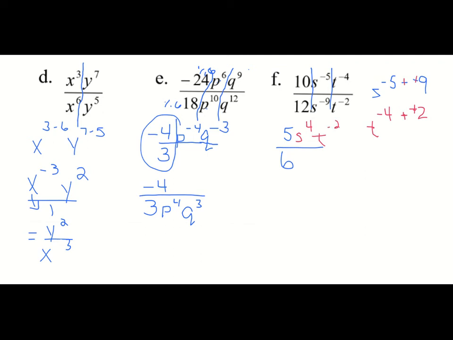So again, we're almost done here, but we have that negative exponent, and we always want positive exponents. So if it's negative, you got to flip it. If it's on the top, bring it to the bottom. If it's on the bottom, you bring it to the top. So now my final answer is going to be 5 s to the 4th power over 6 t to the 2nd, because remember, when you bring it down, it makes it positive.